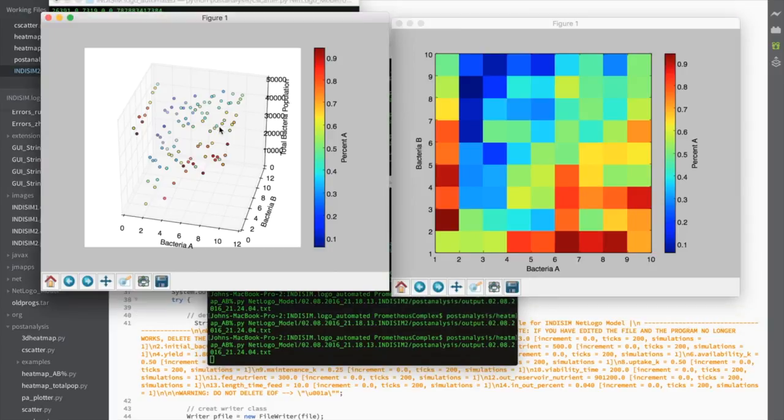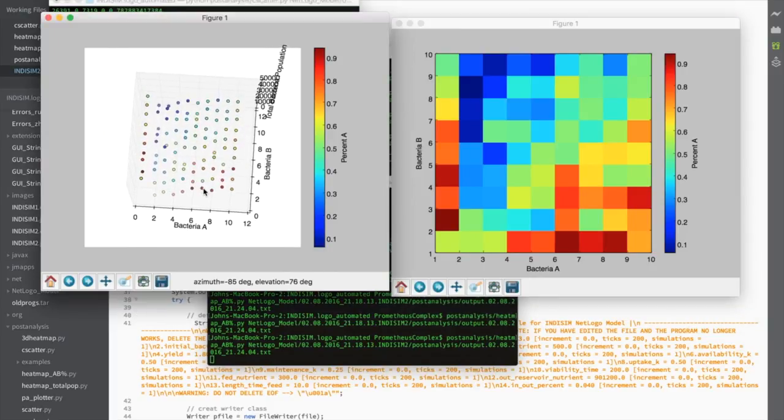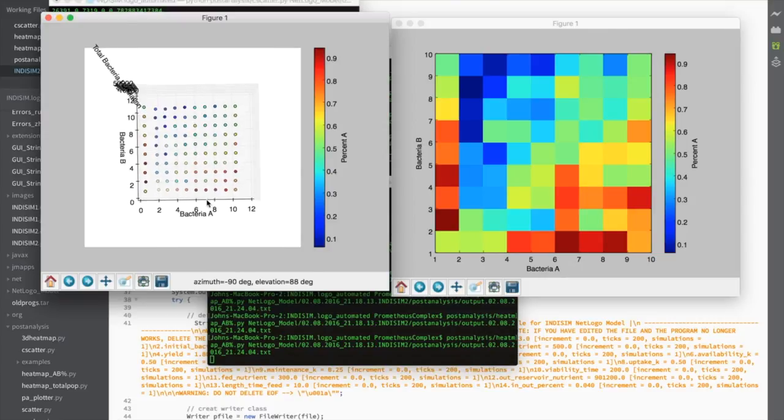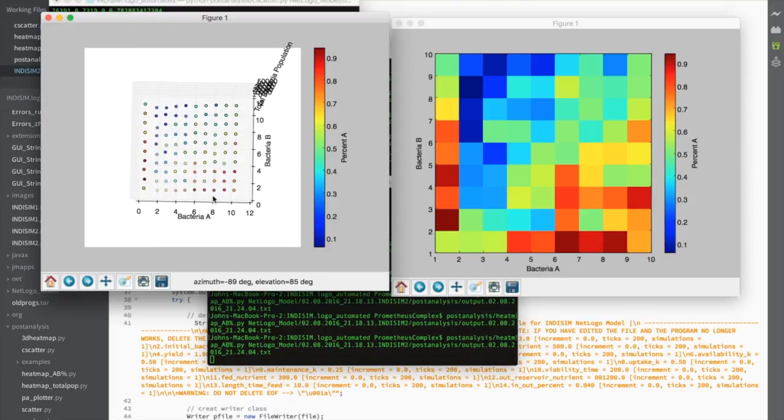So it actually corroborates the same trend where you have very low percentages of A and very high percentages here, and then you have sort of in between in the middle.